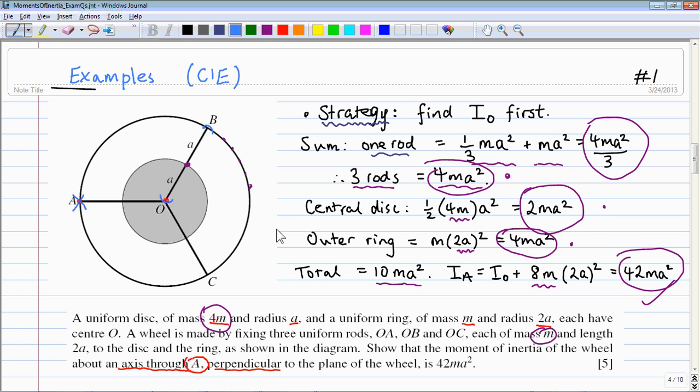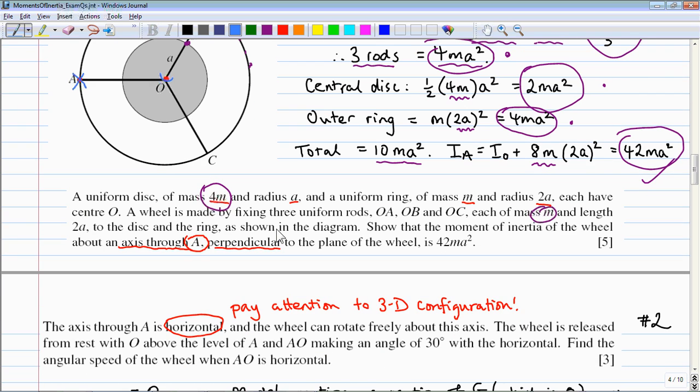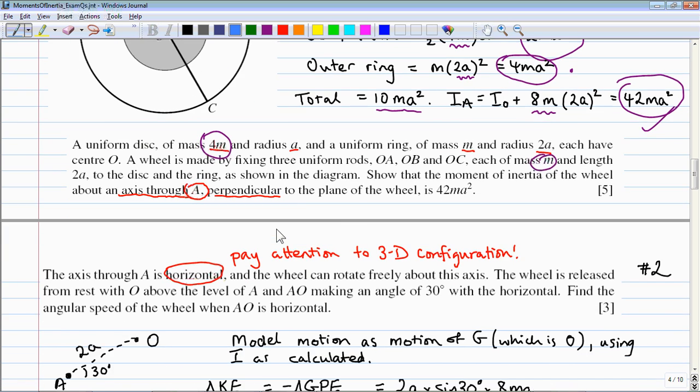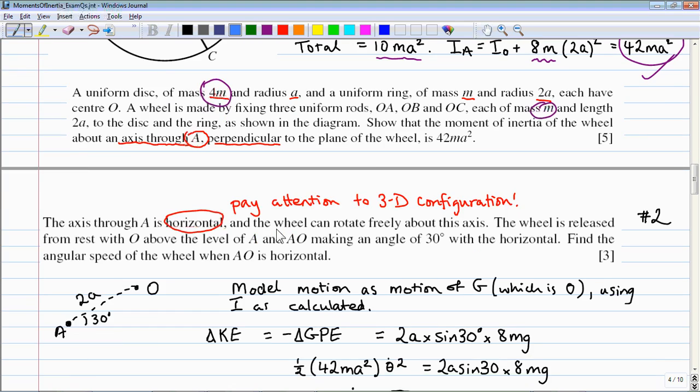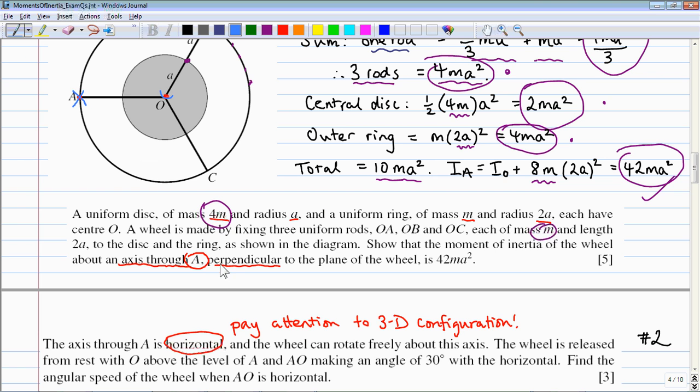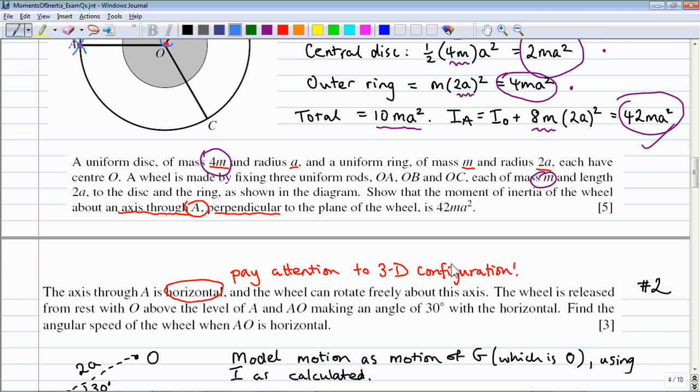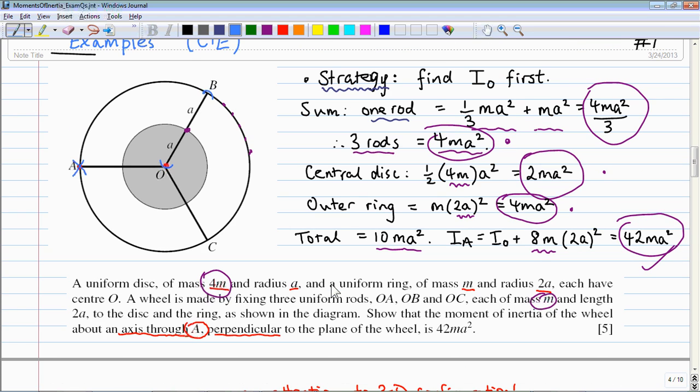That helps a lot. Right, next part of the question is as follows. The axis through A is horizontal. I've circled this. Pay attention to the 3D configuration. You must understand, if the question is going to ask something about motion, what that motion is.